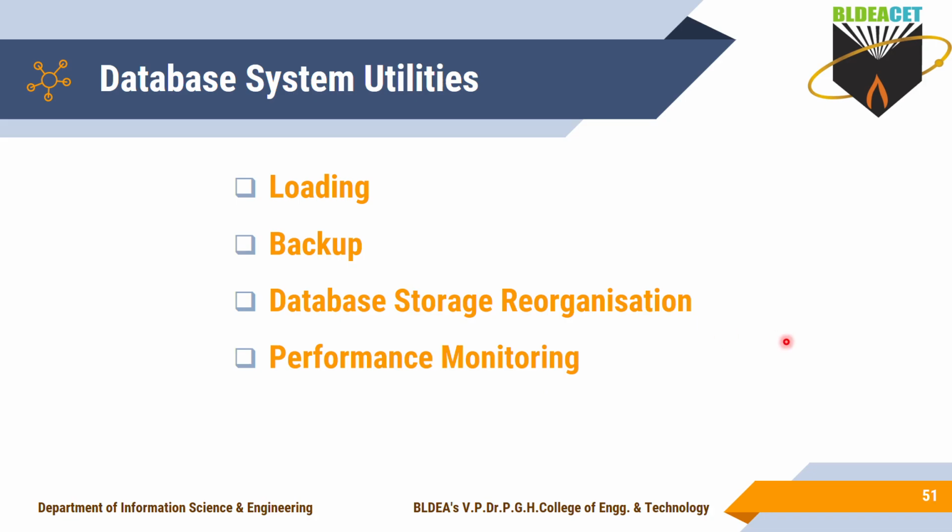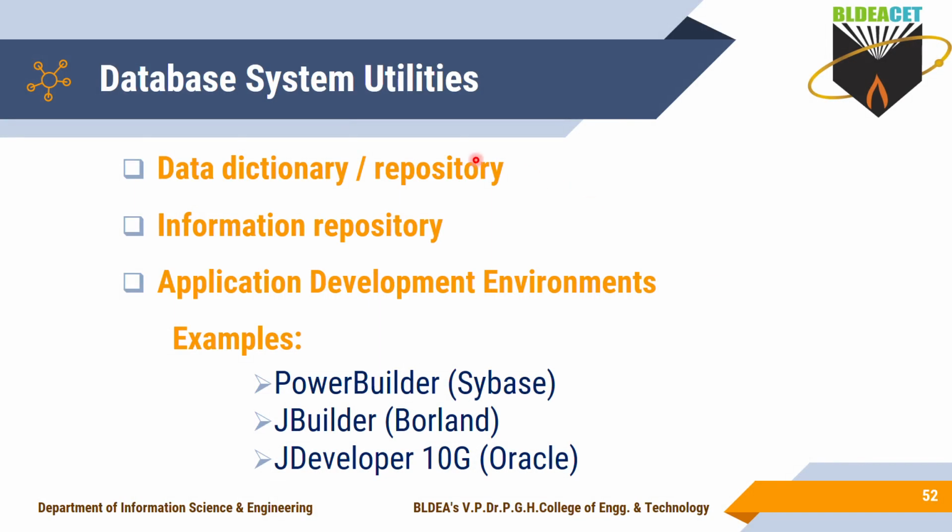Next, some additional database system utilities. Here you use terms such as data dictionary or repository, or information repository. The data dictionary stores information. As you already know, the schema is stored in a system catalog as a definition of the data.